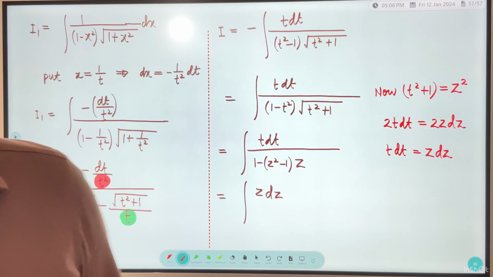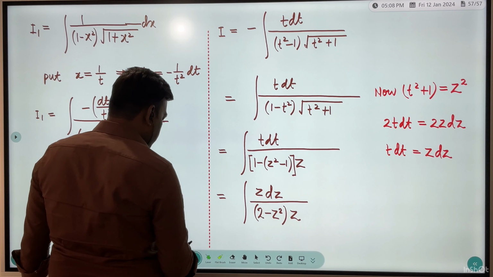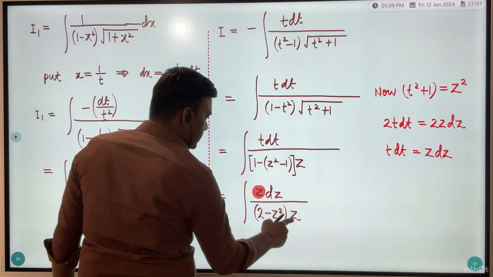So with the help of the substitution t square plus 1 is equal to z square, we have got 2t dt is equal to 2z dz, and finally we got t dt is equal to z dz. This is giving us integral t dt upon 1 minus z square minus 1 into z, which can be written as integral of z dz divided by 2 minus z square into z.